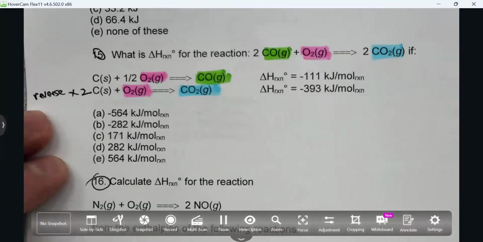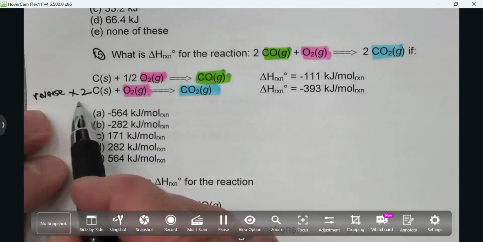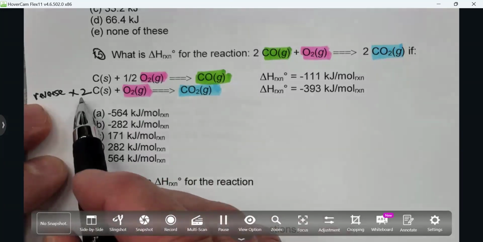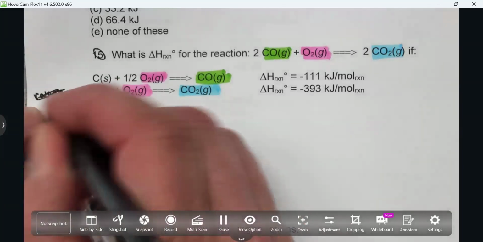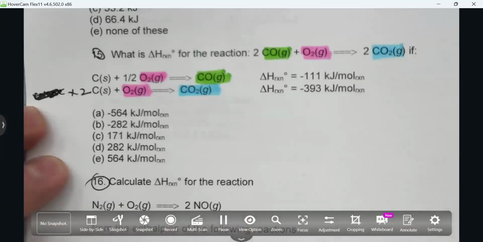And the other one is going to be what? Times 2 reverse. Wait, this one's only times 2, right? We don't need to reverse it. The top one, we need to reverse times 2. That should be times 2.